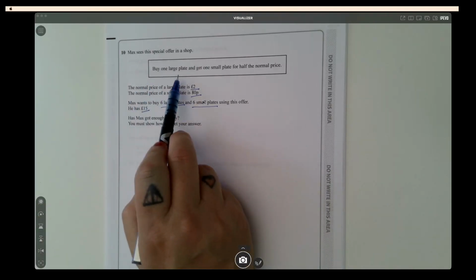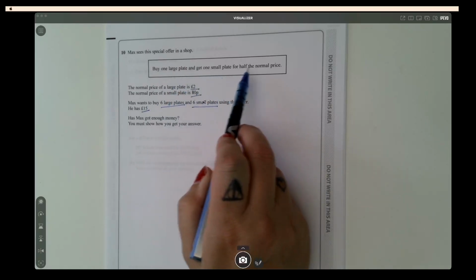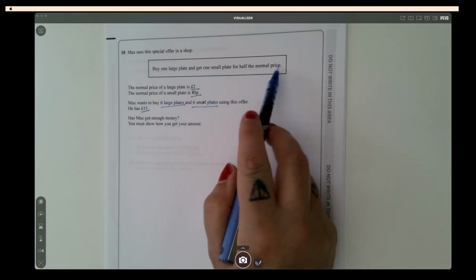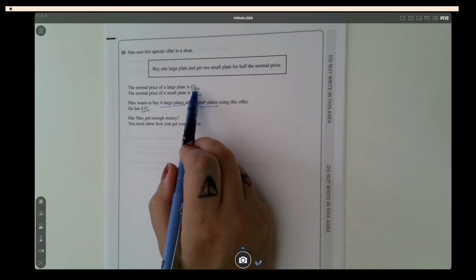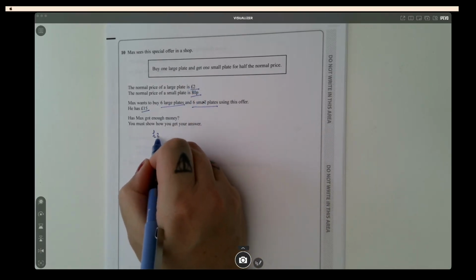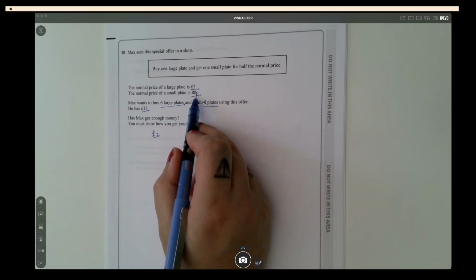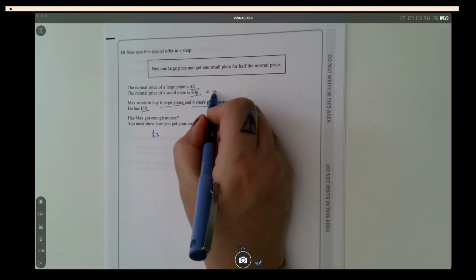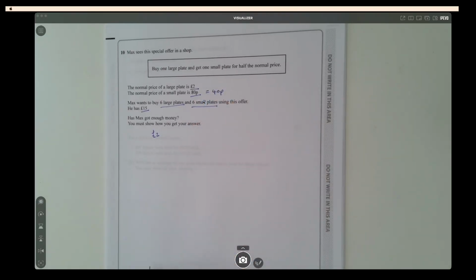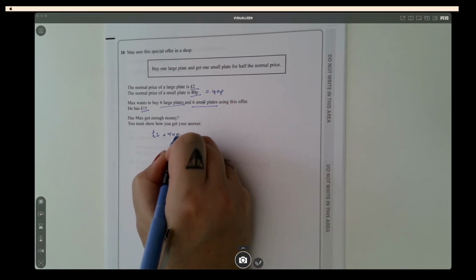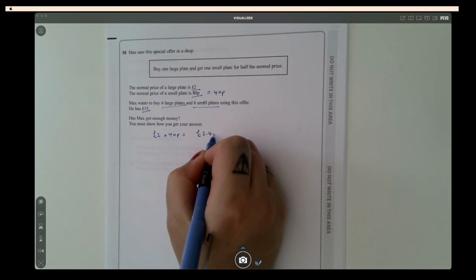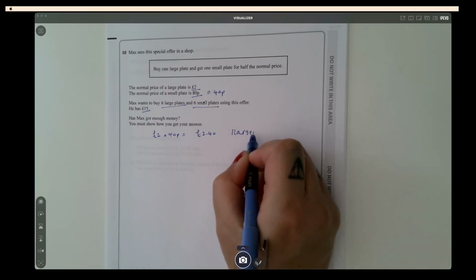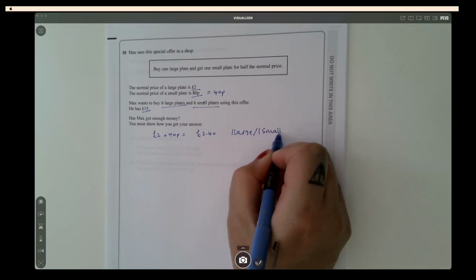So if you buy 1 large plate, you get 1 small plate for half the normal price. So for every 1 large plate we buy, we're going to pay £2, but every small plate will be half price. So half of 80p will be 40p. So it'll be £2 plus 40p. So it'll be £2.40 for 1 large and 1 small plate.